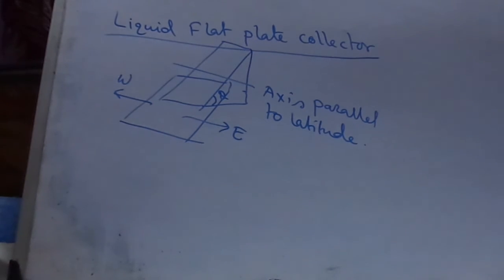So the flat plate collector is placed at a location in a position such that its length aligns with the lines of longitude, and is suitably tilted towards south to have maximum collection.